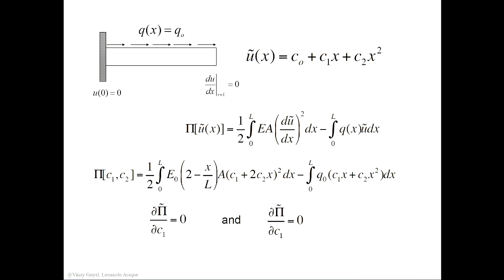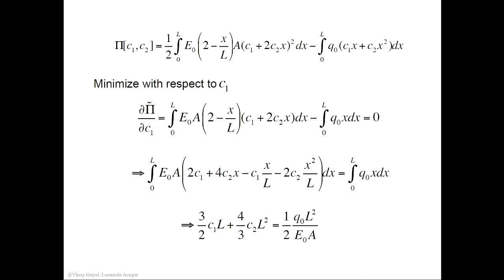Again, let Mathematica do the work, but take the derivative of pi with respect to C1, and the derivative of pi with respect to C2. We did the algebra here for you in case you don't trust Mathematica.